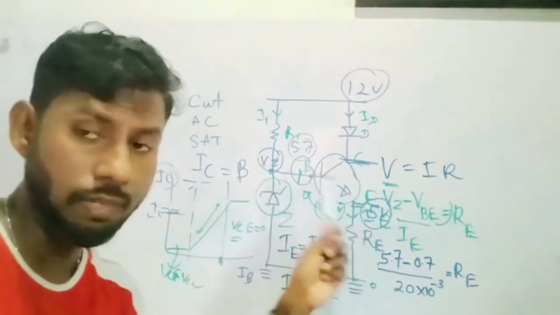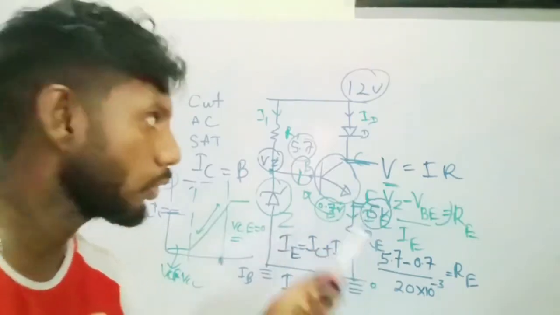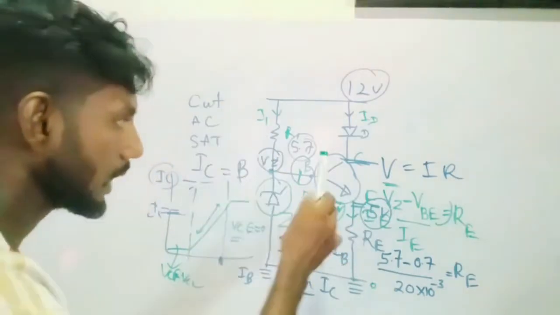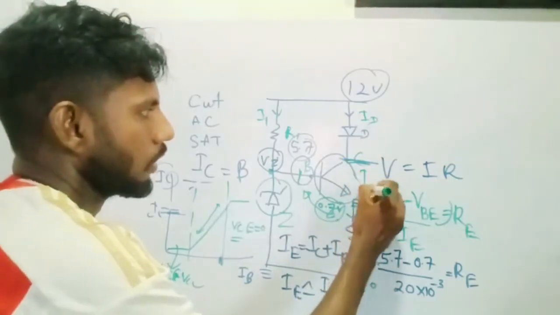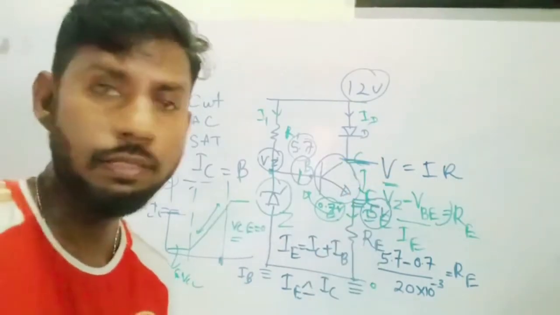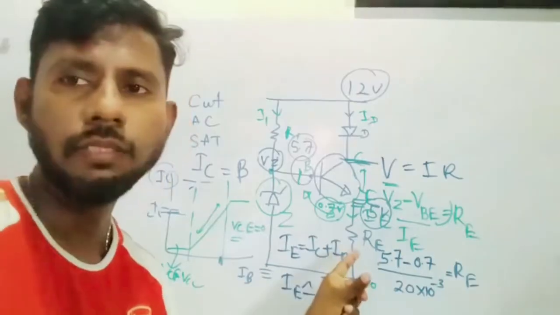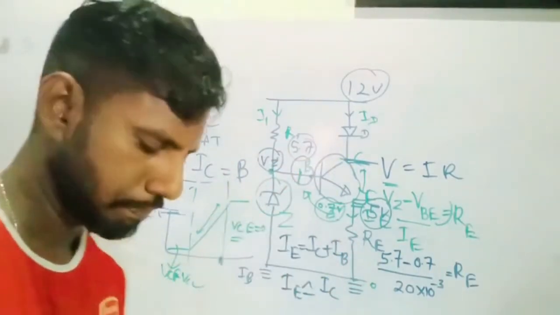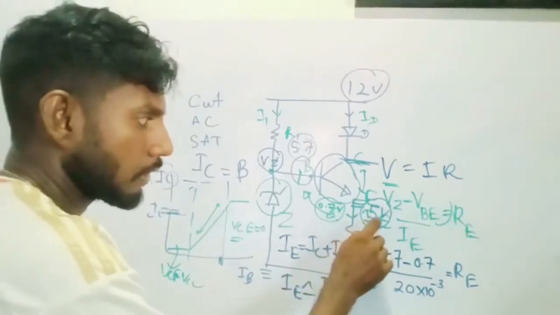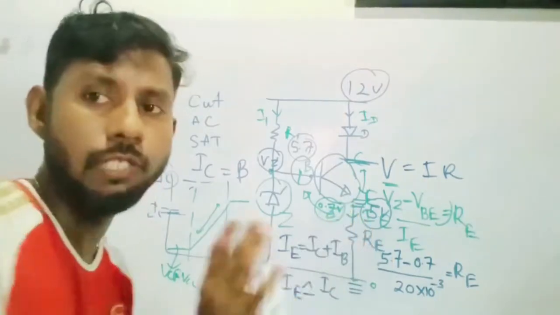So to show the transistor operates in active region, you have to show the VCE, the CE potential difference, must be in between 12 and 0. Any value, it cannot be 0, it cannot be 12. Now we know the potential here, VE is 5.